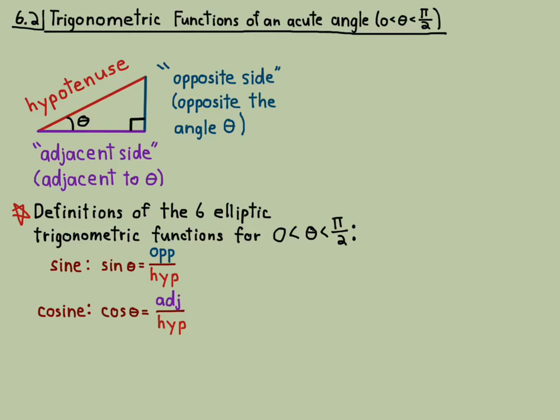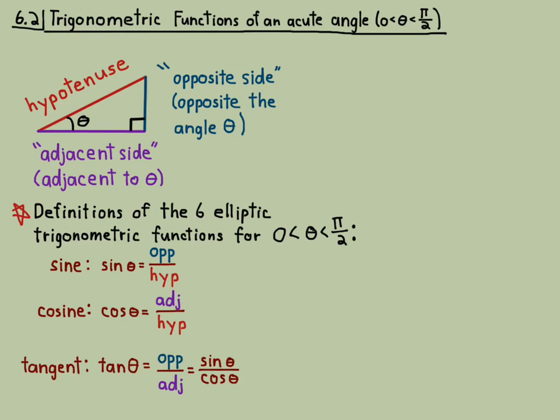Okay, so sine, opposite over hypotenuse, cosine, adjacent over hypotenuse. It's very important that you memorize all these. So tangent is opposite over adjacent, which is really just rise over run for the slope of the hypotenuse, if that helps.